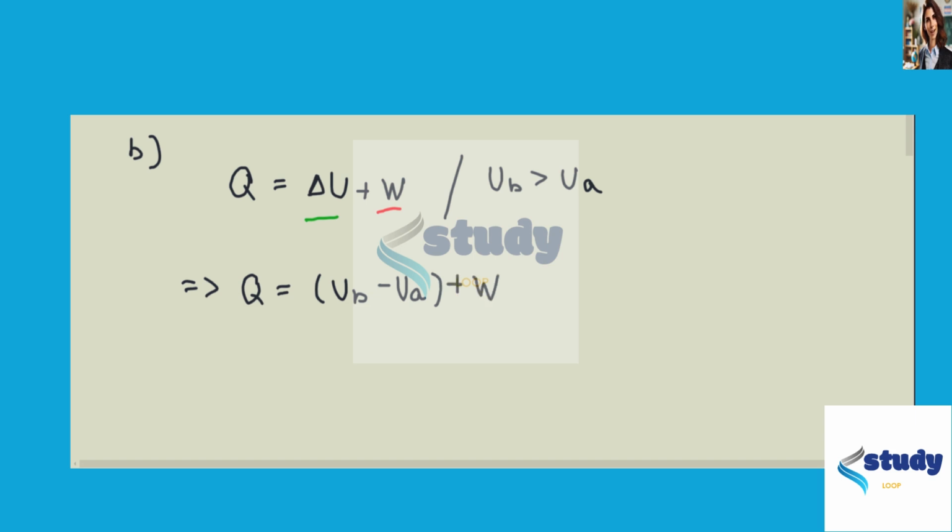plus the work done. And since this is going to be positive because of this condition, and we know that the work done is also positive from the figure that is given in the problem, we can conclude that Q is going to be larger than 0, meaning it will be a positive value.